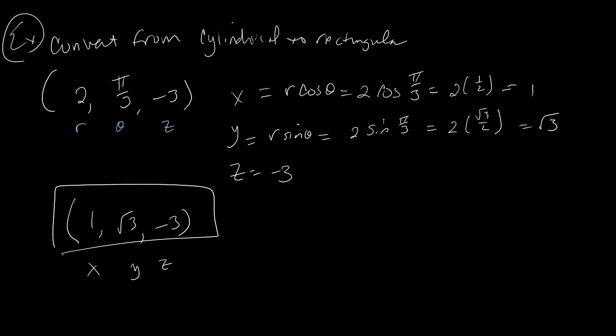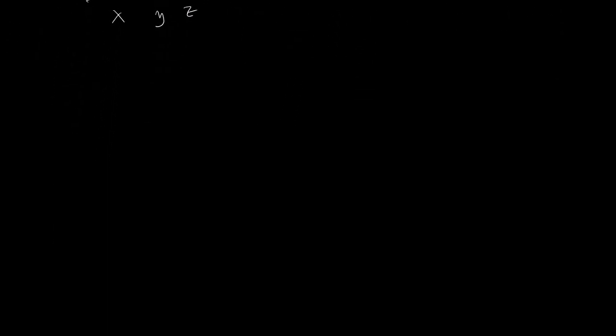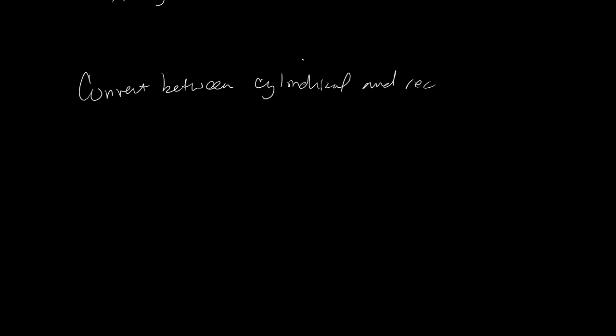All right, so now we're going to use these conversions to convert between rectangular and cylindrical form of an equation. So let's convert between cylindrical and rectangular form. We're going to use exactly the same formulas, the same identities that we've been using.